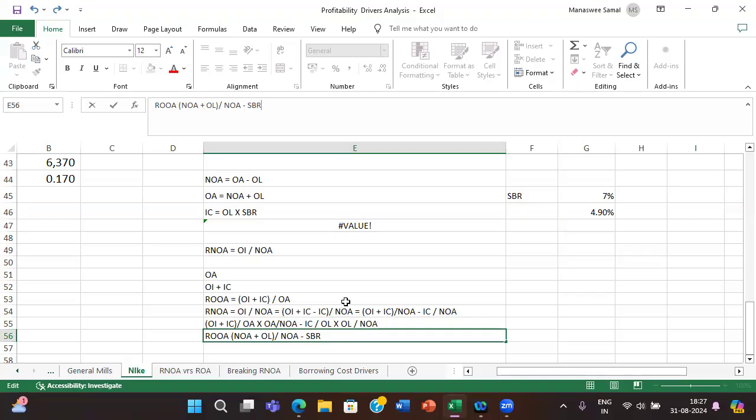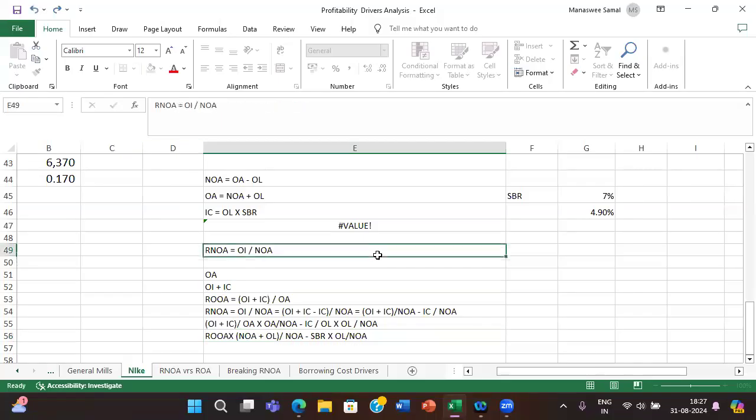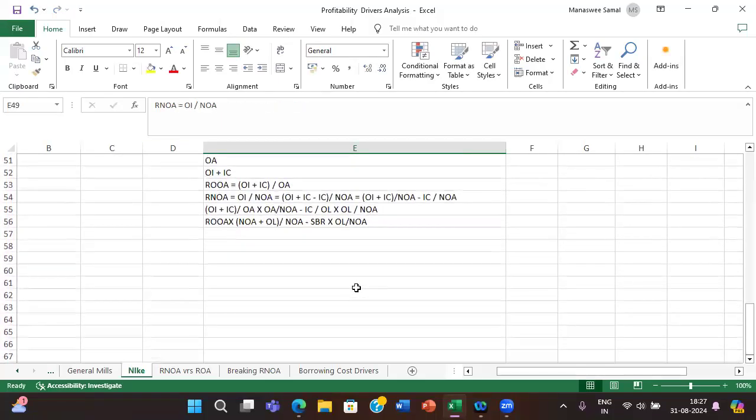Because you multiplied SBR with OL to get IC, isn't it? So it's the rate. SBR should be a rate, therefore SBR into OL divided by NOA. Of course, there should be a multiplication sign here, okay? Done.